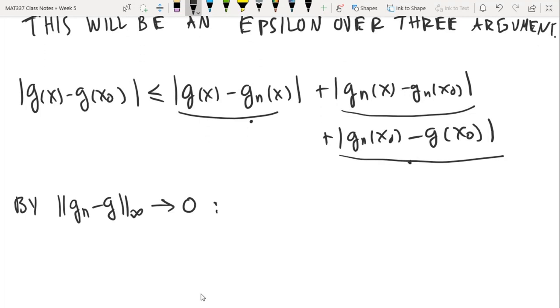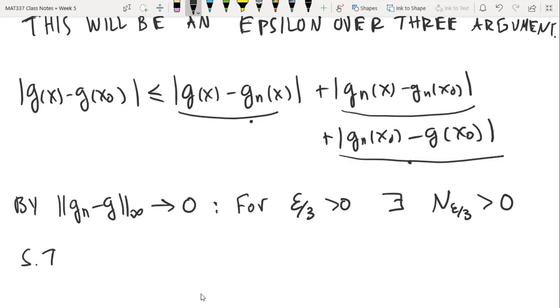For epsilon over 3, there exists N epsilon over 3 such that the sup norm of g_n minus g is less than epsilon over 3.